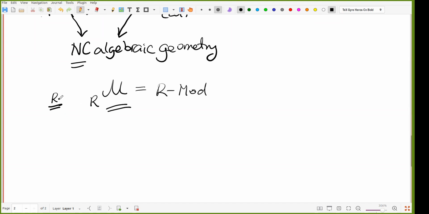Yes, to some extent. You know that in the non-commutative situation, there are Morita equivalent rings which have the same category of modules. And many people say that non-commutative geometry should identify these, because most of the invariants will not care whether I talk about R or some other, say R prime, that has the same category of modules.